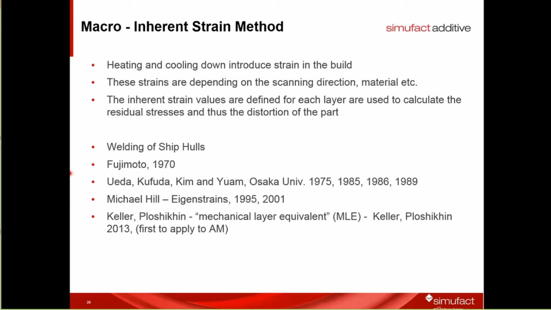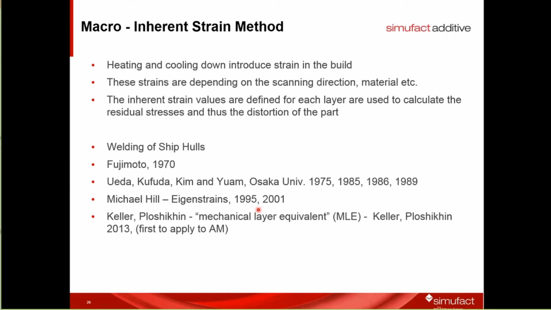So as I mentioned, it was really introduced as long ago as 1970. It was used for the welding of ship hulls, where the structure is very big, so we can't really do a microanalysis if we have to model a 5-meter long section of a ship.